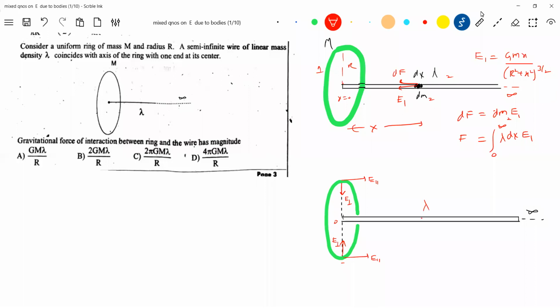So we know this one. So this is actually, if you look at the ring, what are the forces the ring will experience? The ring, what will happen? If you look at the forces here, everywhere E parallel will be like this.